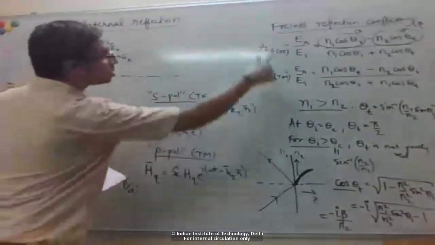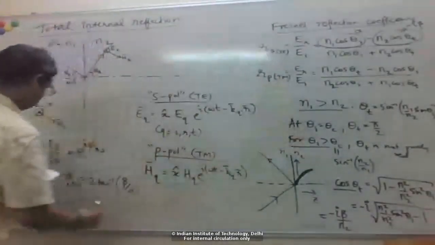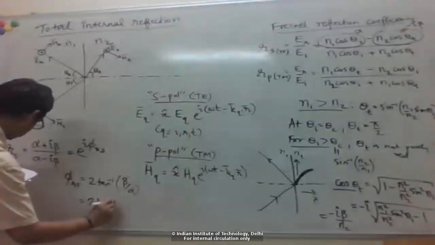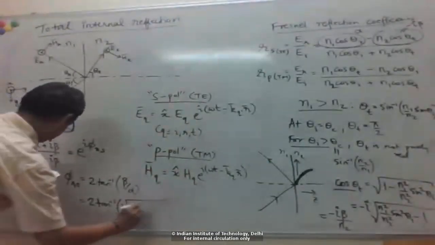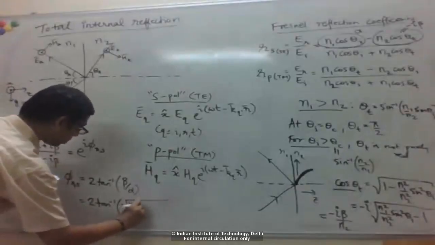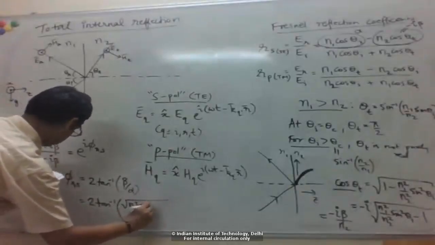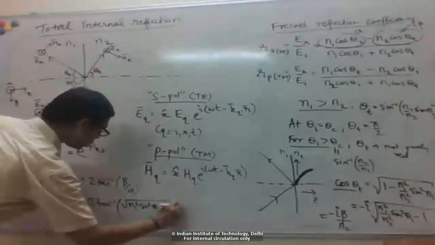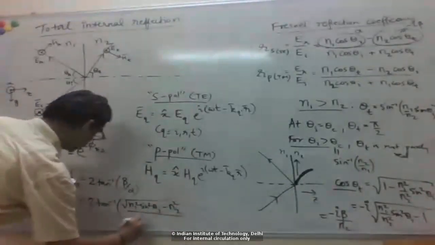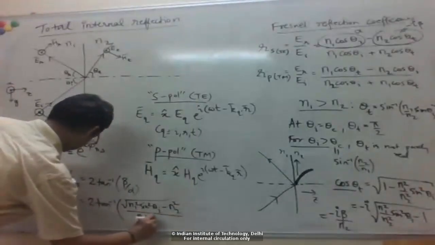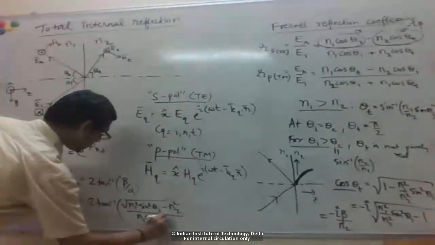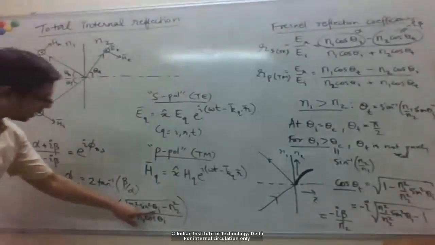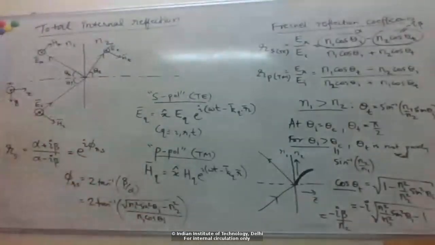If I plug in the values for alpha and beta in terms of the medium parameters, it's like this. So you can see that the phase shift depends on the incident angle, right?